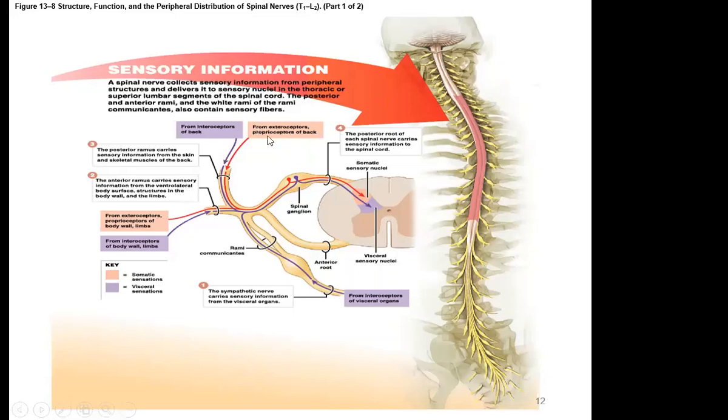As we get the information from the periphery, it's going to come into the dorsal root. Here's your dorsal root ganglion for your unipolar cell bodies. And it's going to then drop into the dorsal horn.